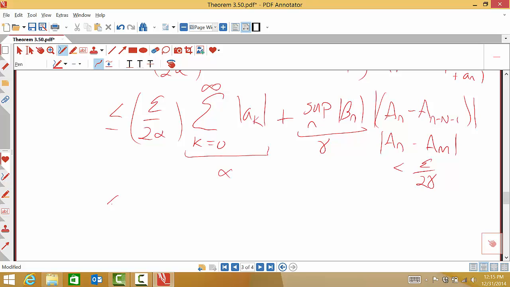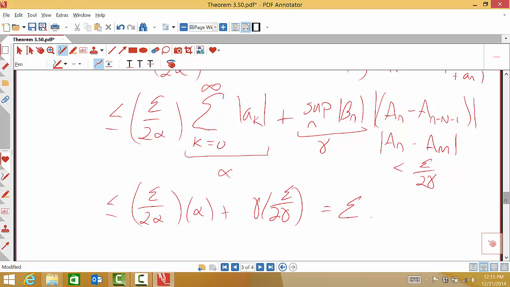So let's see what we've got. This is less than or equal to epsilon over 2 alpha times alpha plus gamma times epsilon over 2 gamma. Now you can see why we picked these values, epsilon over 2 alpha and epsilon over 2 gamma, because the alphas cancel out, the gammas cancel out, we get exactly epsilon.